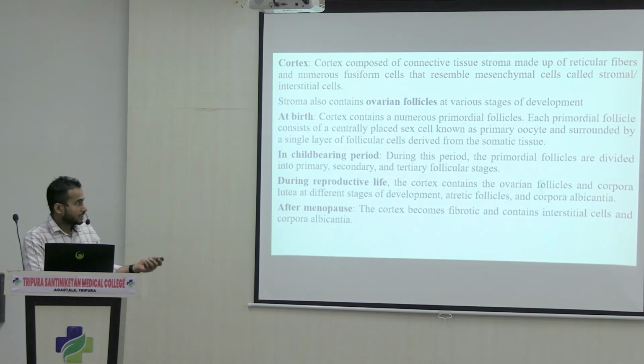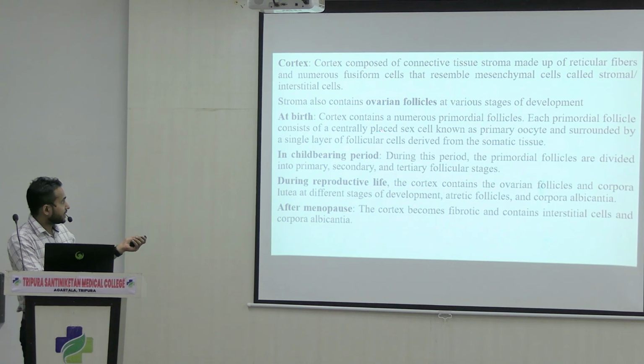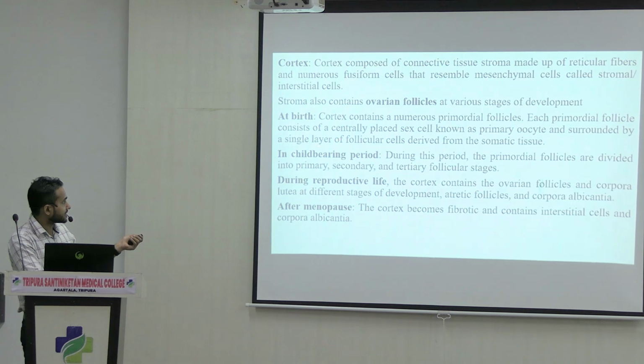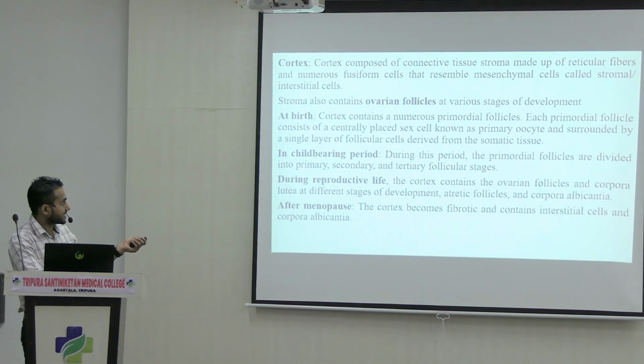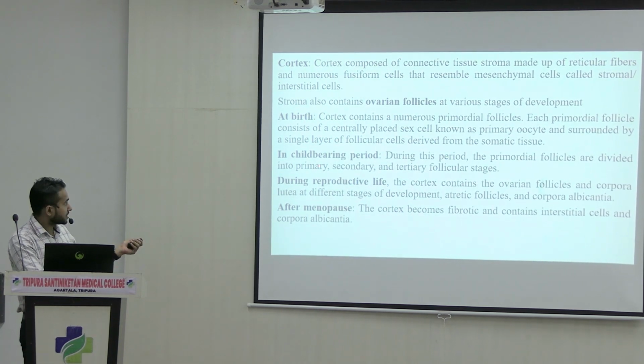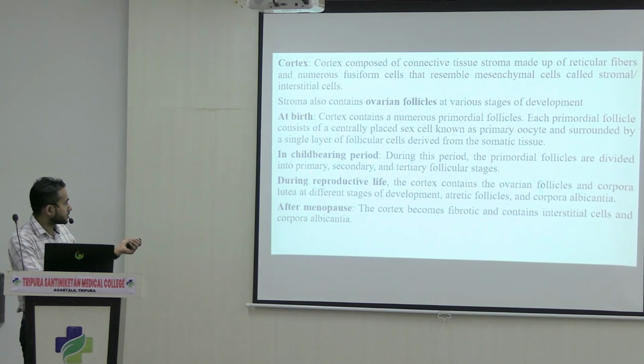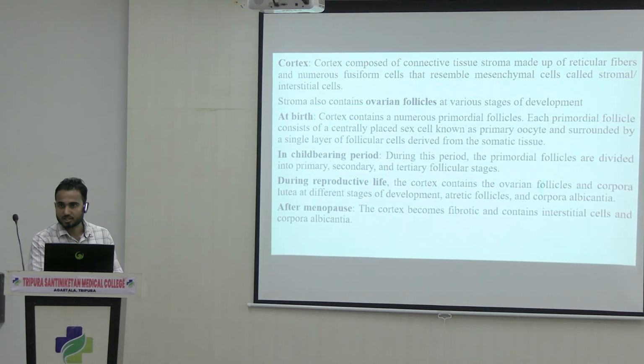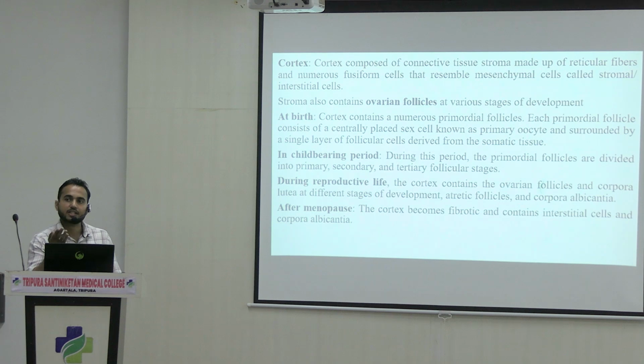Okay, so at birth, mainly you can see a centrally placed primary oocyte, and it is surrounded by a layer of follicular cells. Okay, next, during the childbearing period, primordial follicles are divided into primary, secondary, and tertiary follicular stages. Okay, so see, these are the changes which are taking place in the cortex.